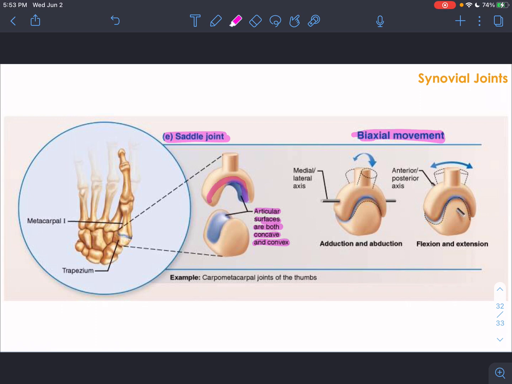So we have a concave and a convex surface that fit together, and biaxial is going to allow for movement in two planes, so adduction and abduction, as well as flexion and extension. So the joints of the thumbs are going to be able to move in and out and flex and extend.